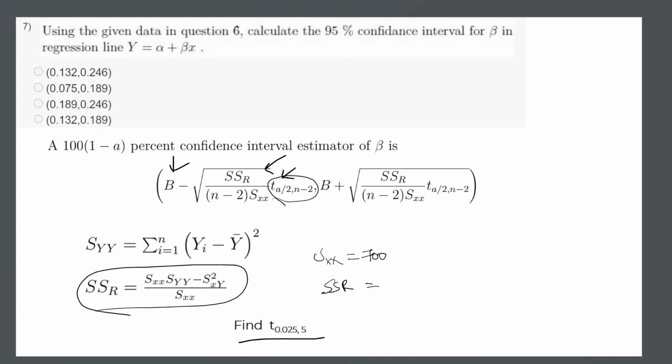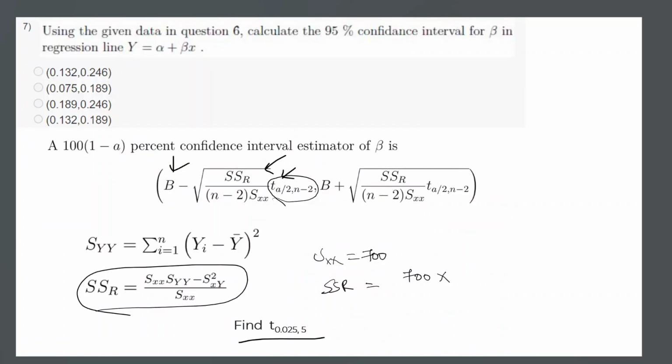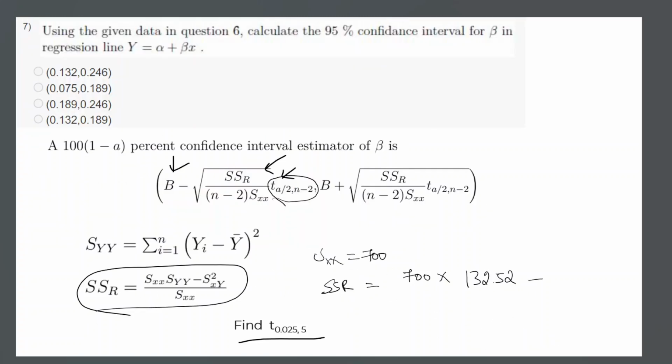SSR is given by 700 into what is Syy, 132.52, minus Sxy covariance. Oh, sorry, that is 132.52.